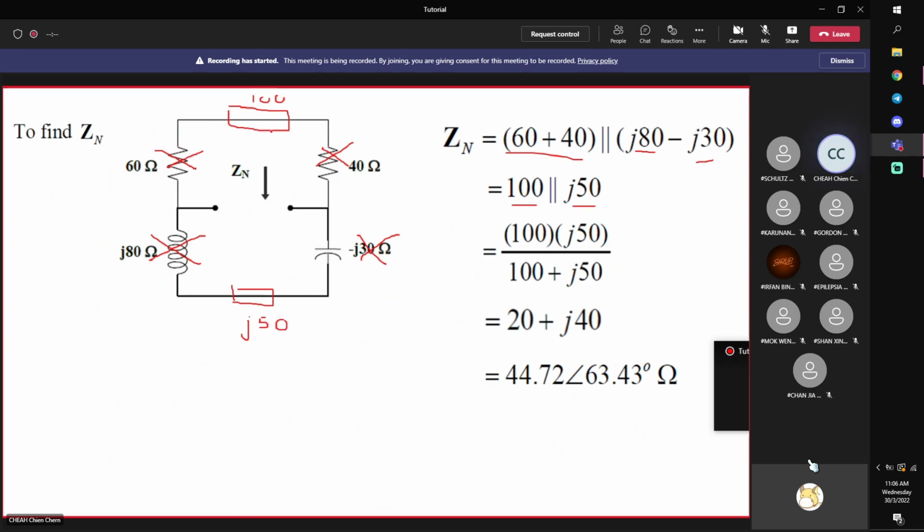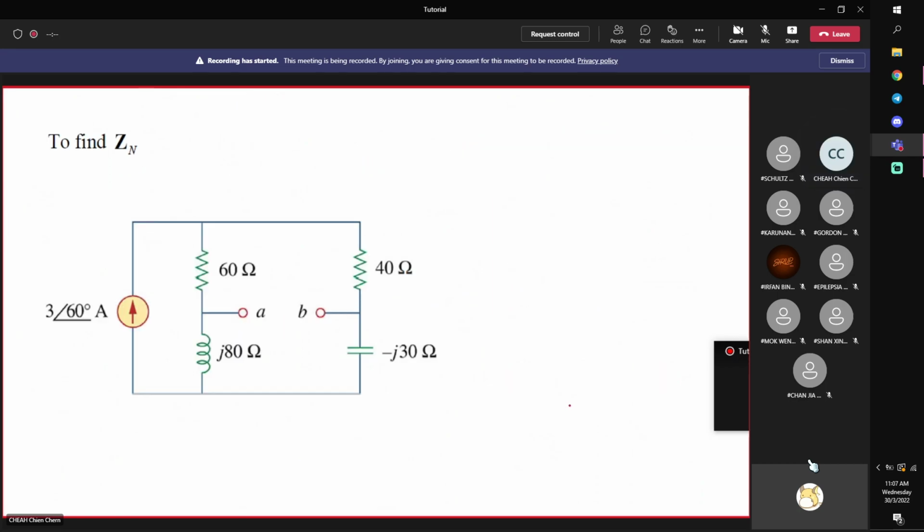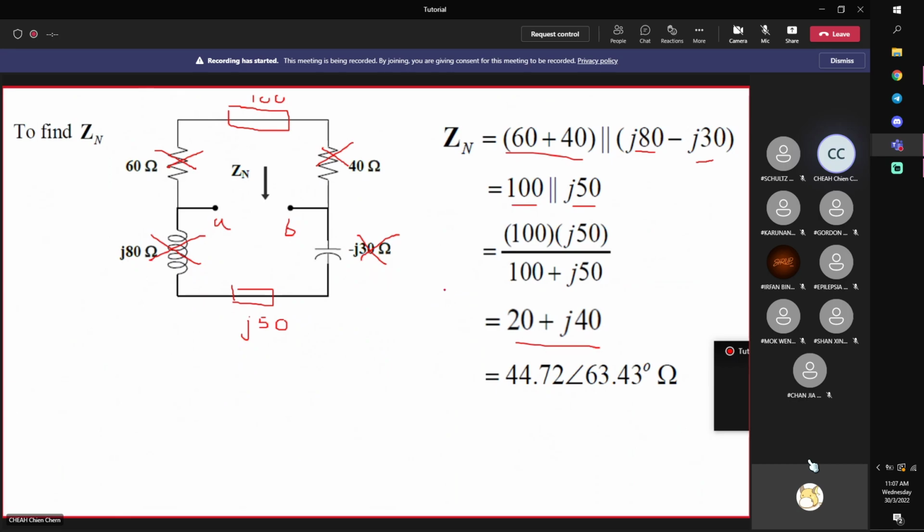Then these two are parallel as far as terminal AB is concerned. So Z1 Z2 divided by Z1 plus Z2 gives you this equivalent impedance, right? So this is the rectangular form, this is the polar form. So this is one way.